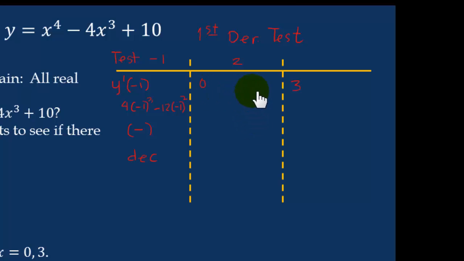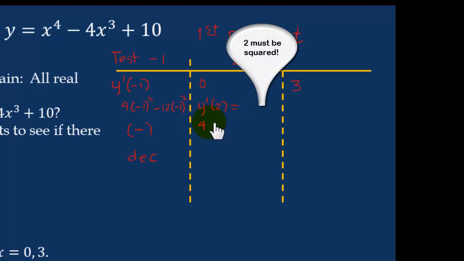What about between 0 and 3? Let's test 2. So you take y prime at 2, which is equal to 4 times 2 cubed minus 12 times 2, and this will still be negative.